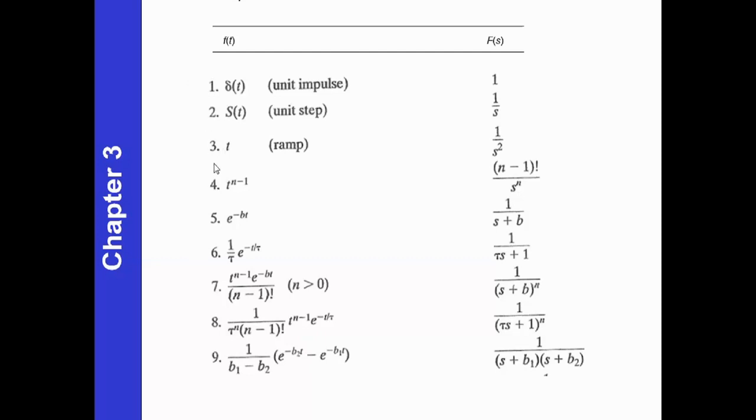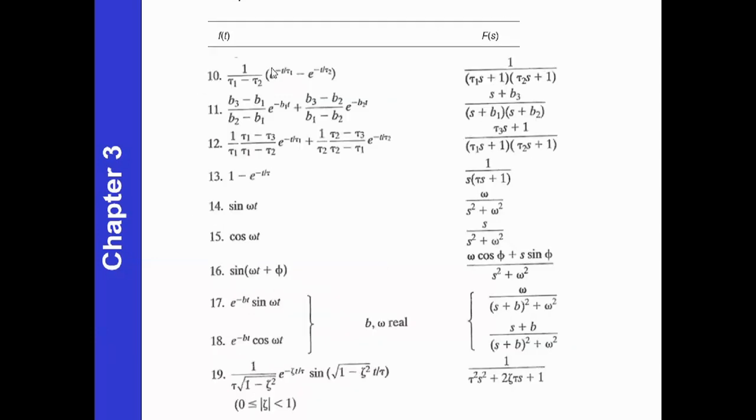So you have many different Laplace transforms for various time domain functions, for t^(n-1), 1, 2, 3, 4, 5, 9 here, and another 10 up to 19 here.